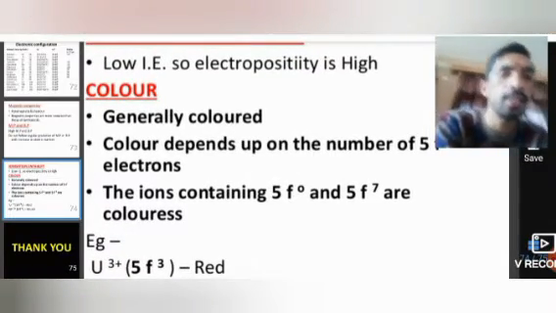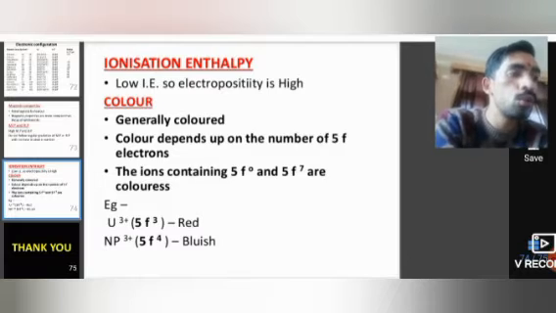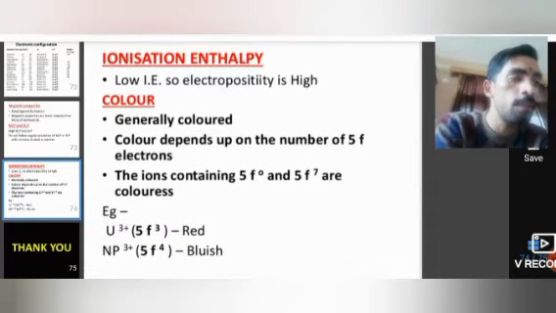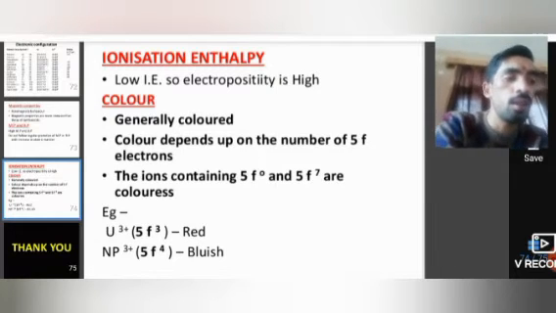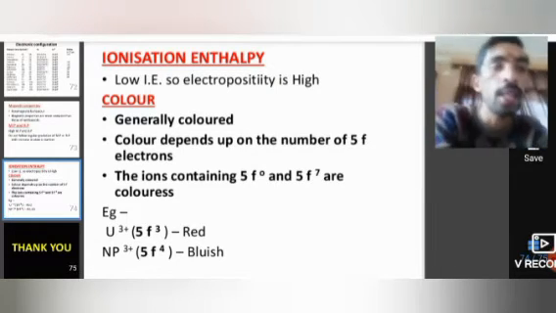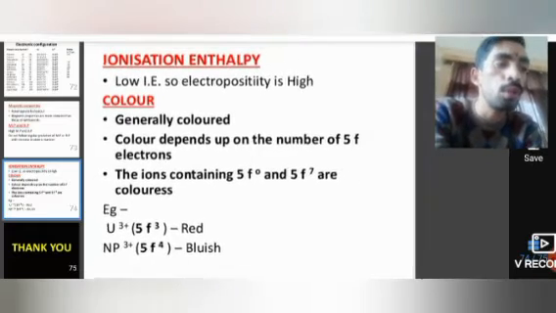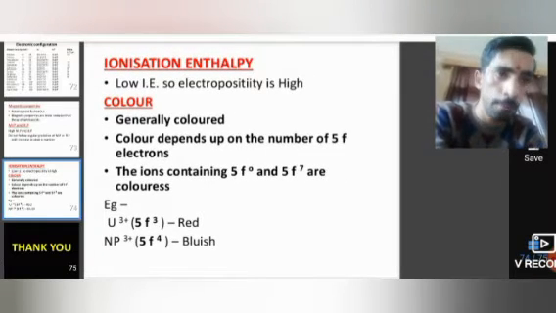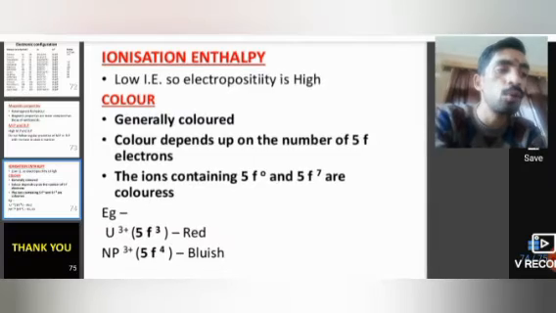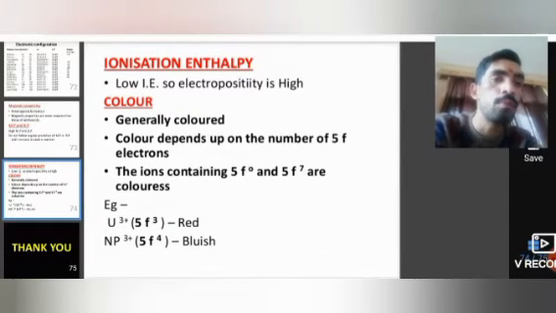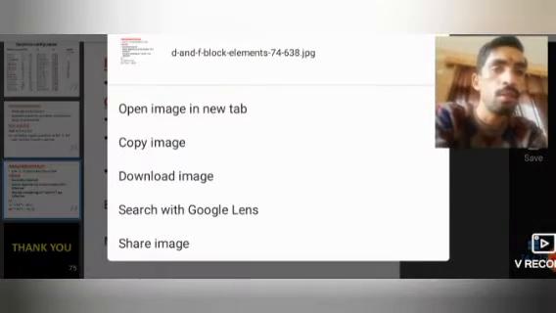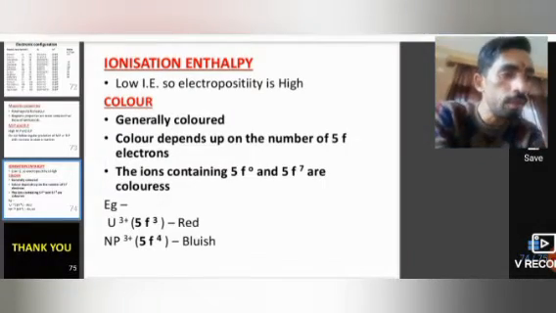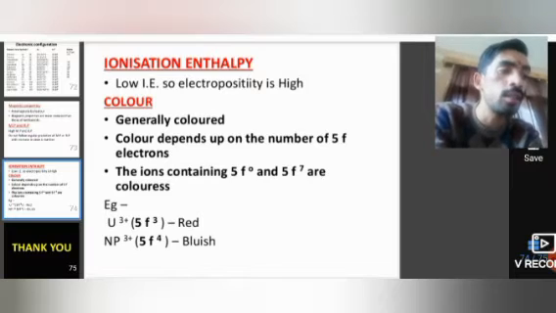Second, they are used in producing alloys. Third, oxides of lanthanides are used to produce red color on television screens. Fourth, actinides are used in nuclear reactors for producing electricity, which nowadays every country is going to make, and actinides are also used for the synthesis of transuranic elements.